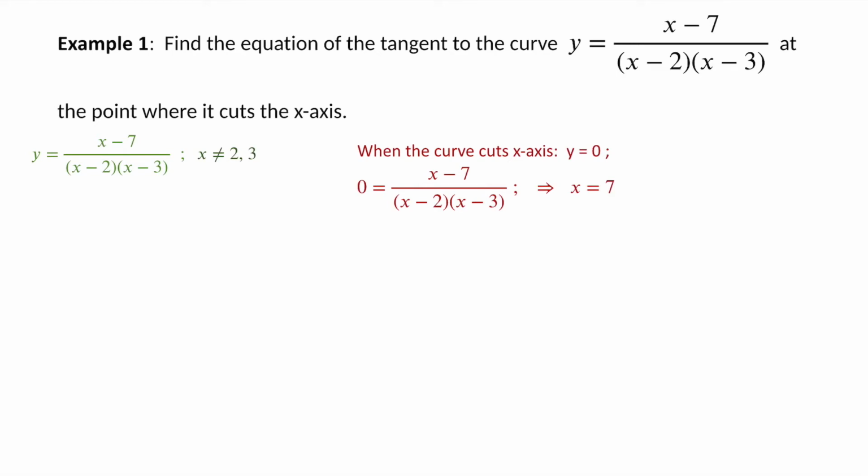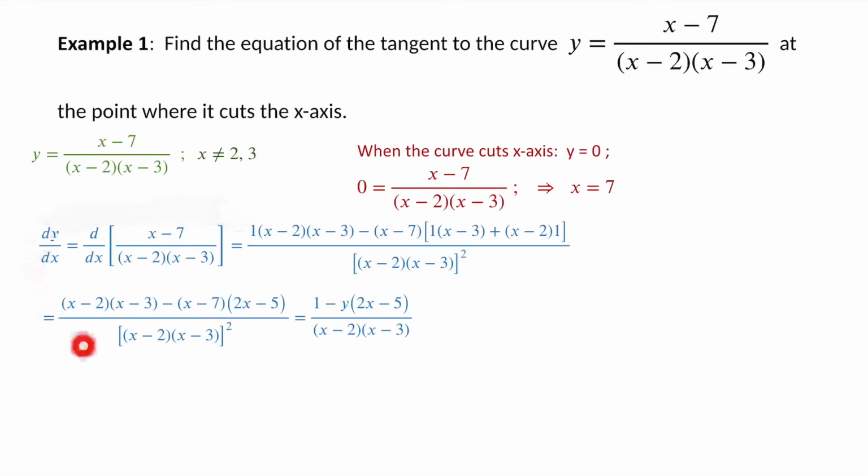And now the other piece of information we need is dy by dx, that is the slope of the tangent at that point. So we need to do a little bit of calculation there, a little bit of algebra. For dy by dx, we simply take the derivative of both sides with respect to x, and we use our usual formula for the derivative of a rational function which has a numerator and denominator.